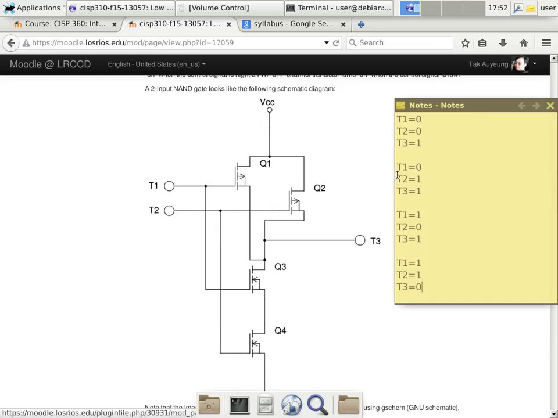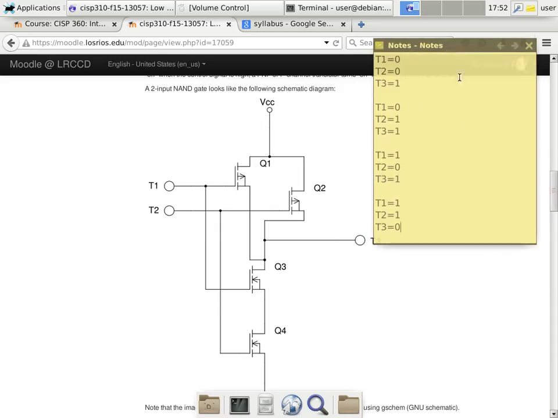So let me just go ahead and try to do it here. In other words, what I'm asking is I want T3 this time not to refer to the circuit diagram, but I just want to use T1, T2, and in between I have and, or, not logical operators.